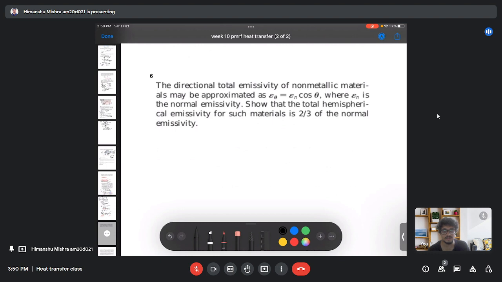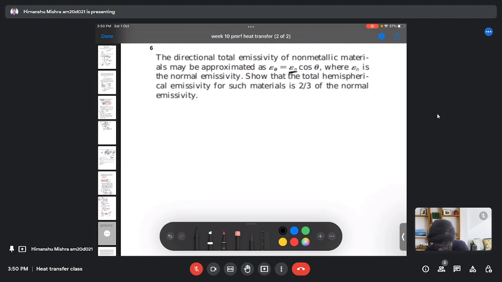So we have been given the directional emissivity epsilon theta, and we need to calculate the total hemispherical emissivity and show that it is 2/3 of epsilon n. So our total emissivity can be given as follows.